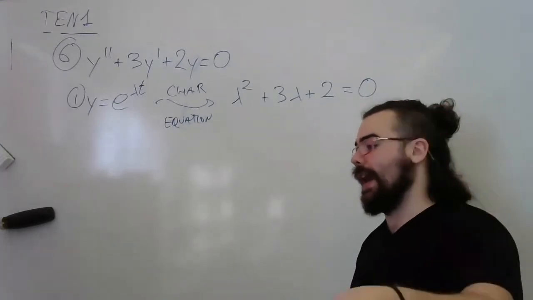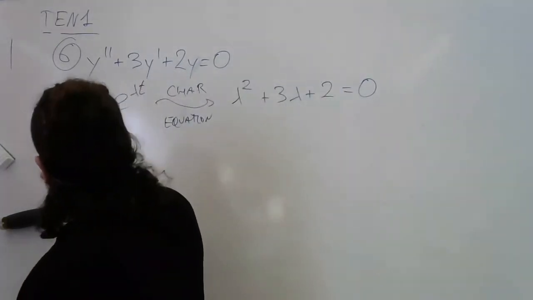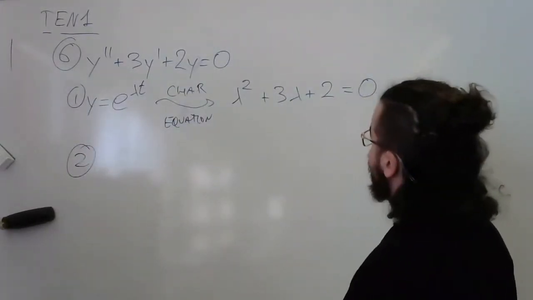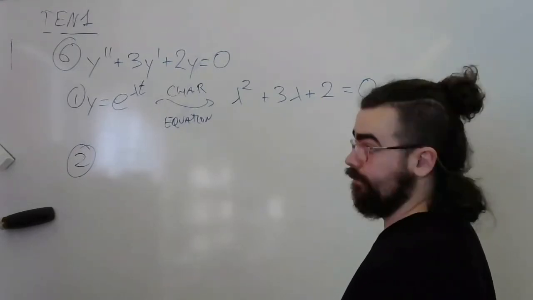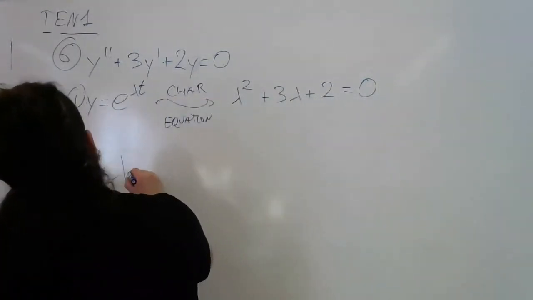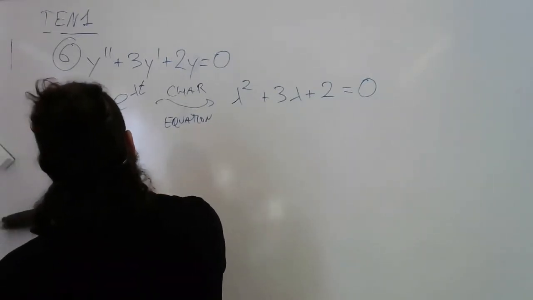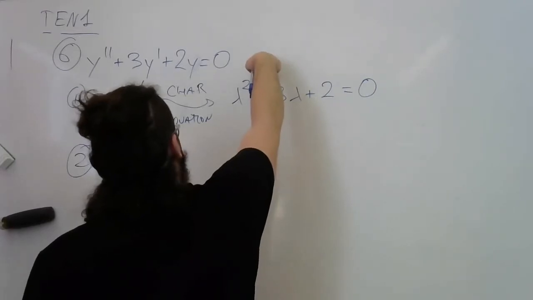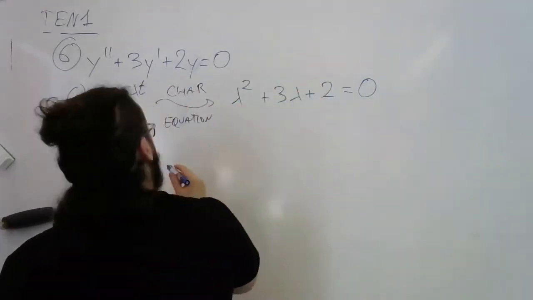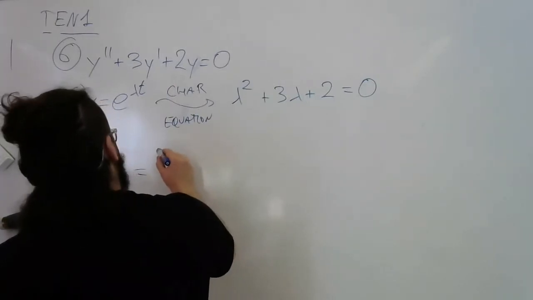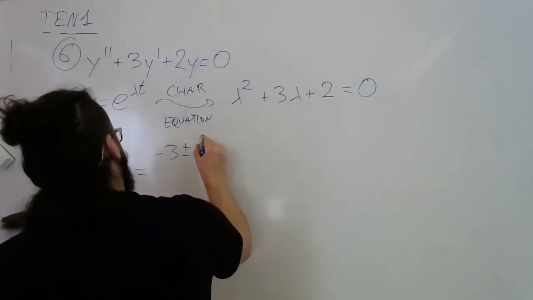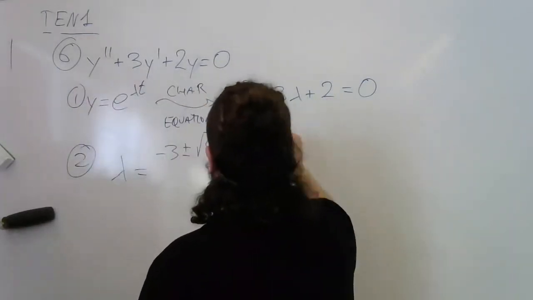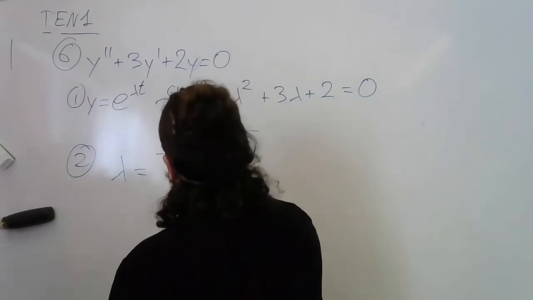Second step, eigenvalues, which is the same as to say roots of this. So lambda is minus 3 plus or minus the square root of the discriminant, which is 9 minus 8, divided by 2.